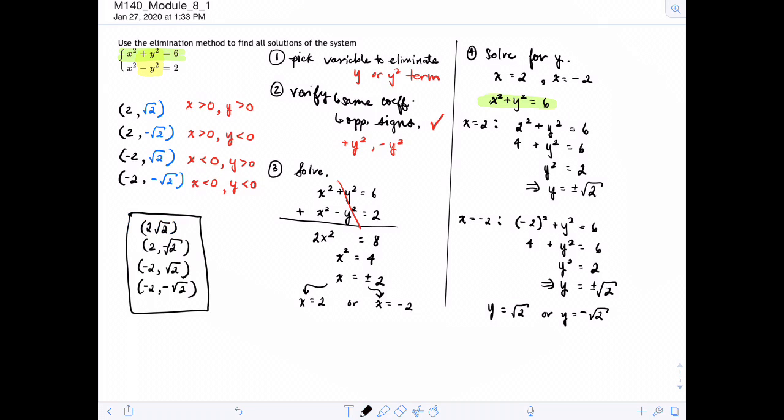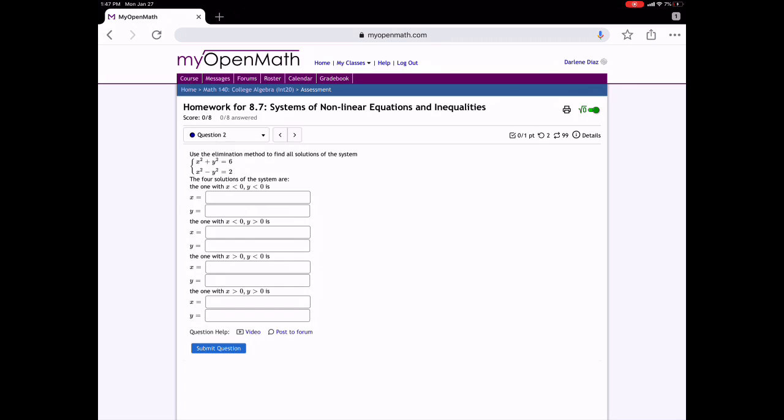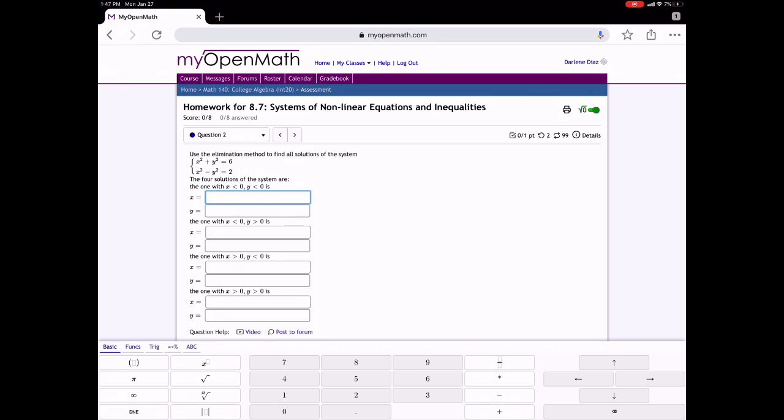When entering these in My Open Math here, notice that they do identify which is which. Here, the first one, they want them both to be negative. So in this case, I would have a negative 2, and here I would have a negative square root 2.